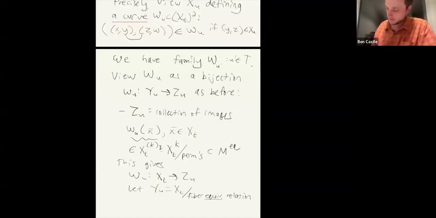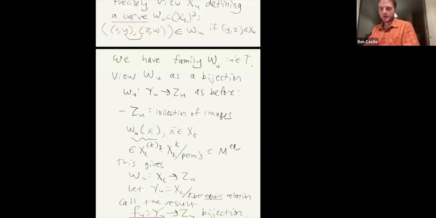Okay, and then we call the resulting thing FU, which goes from YU to ZU. And this is now a bijection. And it's definable in a uniform way from the original collection of XUs. Each XU turns into the bijection FU from YU to ZU, definably in a uniform way.